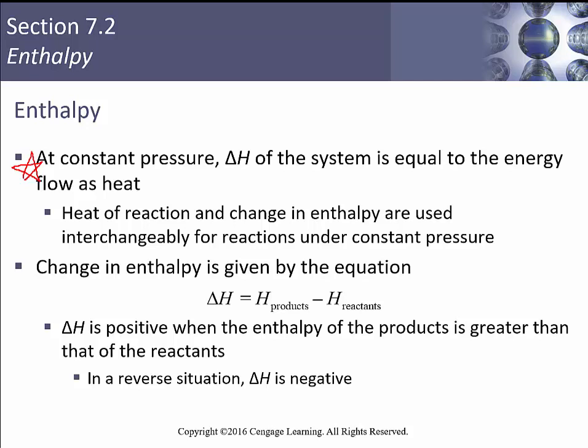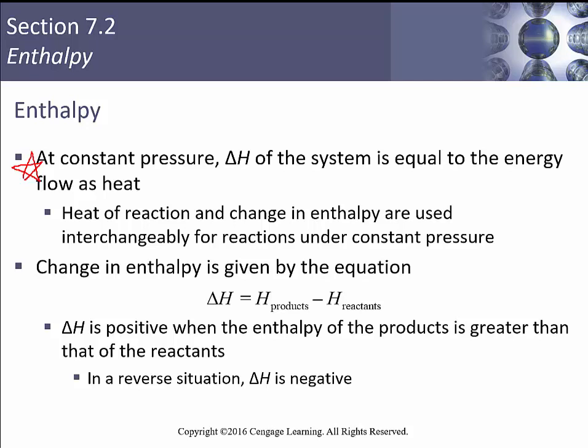So most of the time when we're working in lab, we're going to be working in a container that we're not building a bomb for, and we'll talk about bomb calorimeters, and we'll do bomb calorimetry if you take physical chemistry with me. But if we're allowing that to happen under constant pressure, say 1 atmosphere, our heat of reaction and our enthalpy can be used interchangeably.